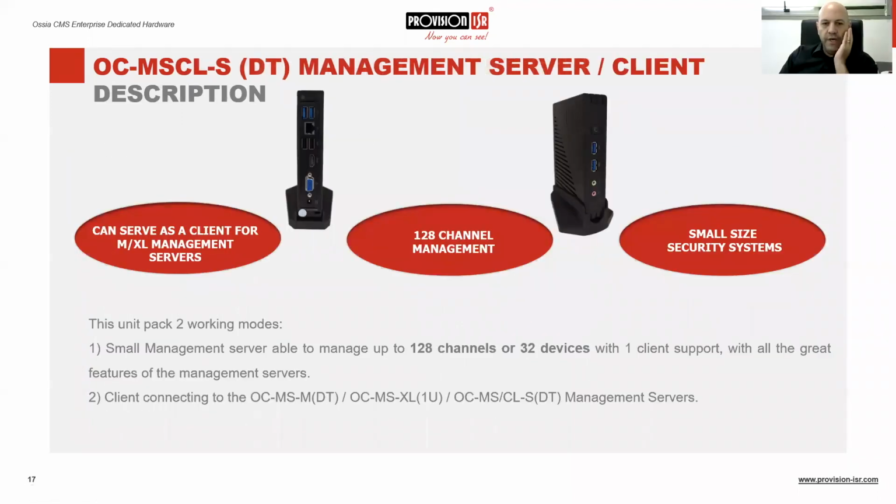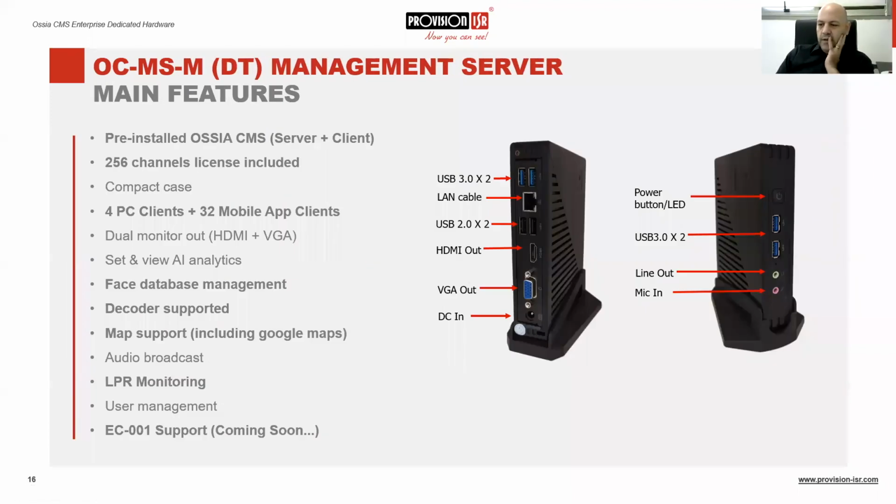Here, I will say a few words about the price tag. A server like this that can hold 256 channels and decode them: when an integrator buys a PC outside and installs the management server on it, he will need a machine of about $3,000 to $3,500.